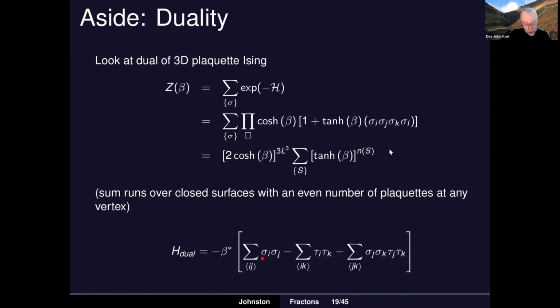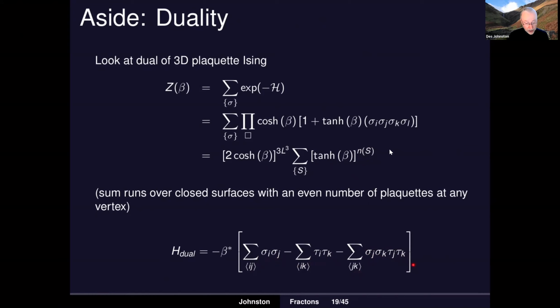So now there's two flavors of spins living at vertices. These guys only interact along, say, the x direction. These second flavor of spins only interact, say, along the y direction. And these spins, where I've got a 4-spin interaction, that's what makes it an Ashkin-Teller model instead of an Ising model. These spins interact along the third direction only.